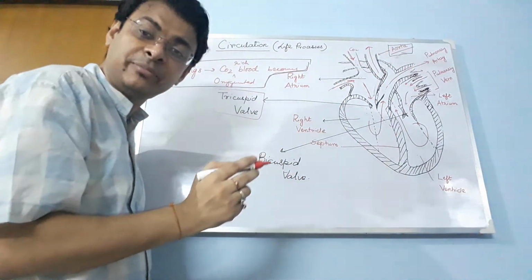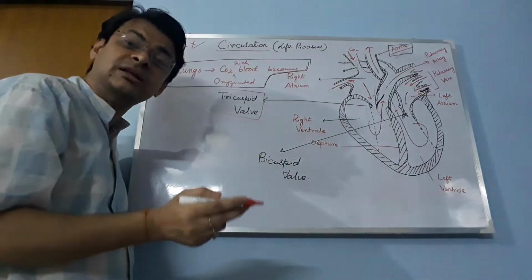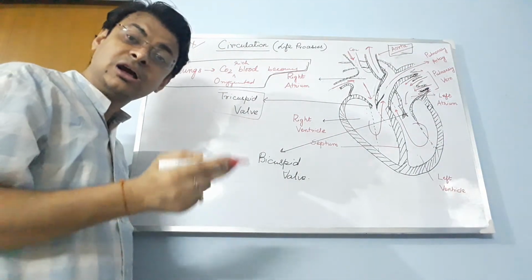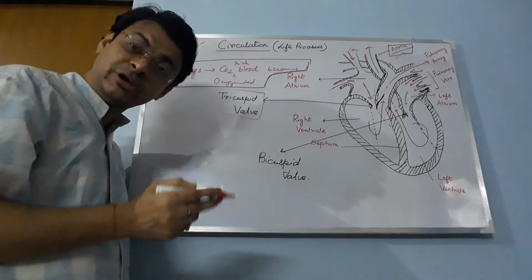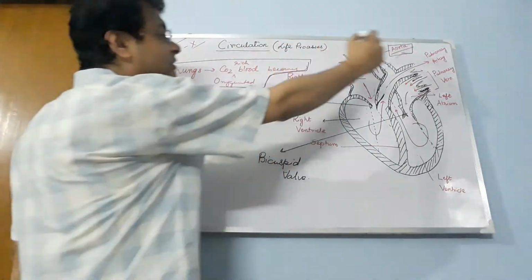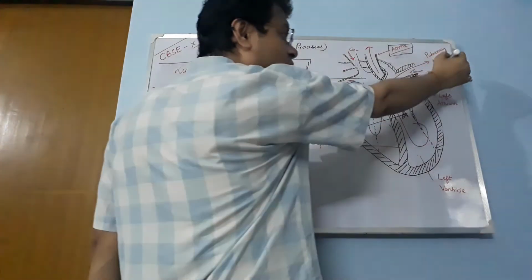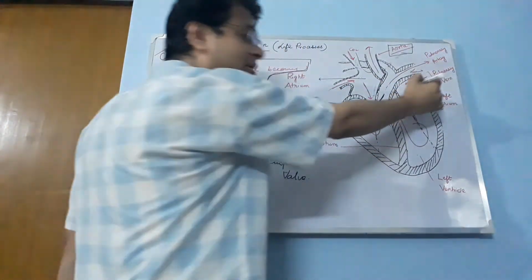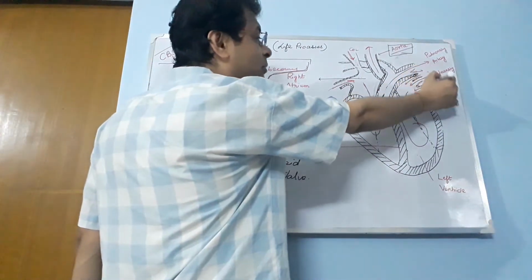In the lungs what happens? The deoxygenated blood gets oxygenated, or the carbon dioxide rich blood becomes oxygen rich blood. After the blood gets pure or oxygenated, it again enters the human heart through the pulmonary vein.